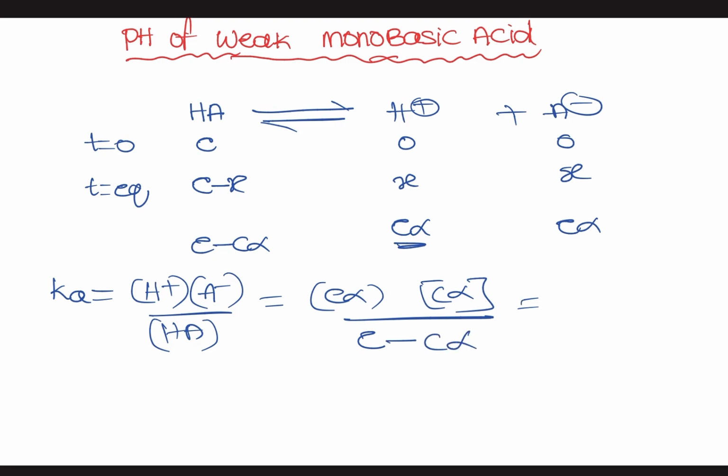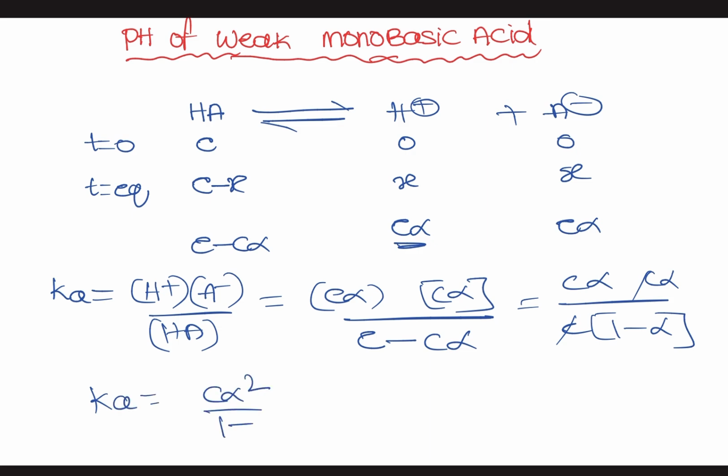So simplifying, C alpha square over C into 1 minus alpha. Here C gets cancelled. Now Ka is equal to C alpha square over 1 minus alpha. So now we have got the derivation formula, Ka is equal to C alpha square over 1 minus alpha. This is the important formula here.